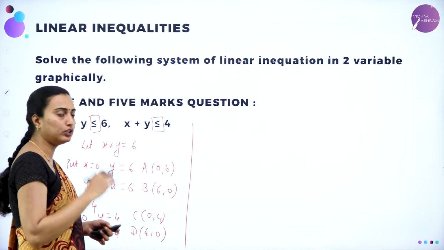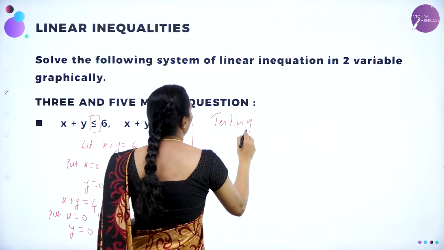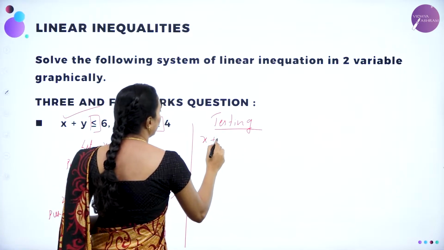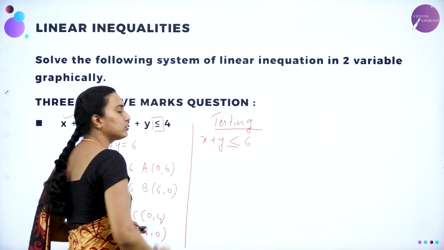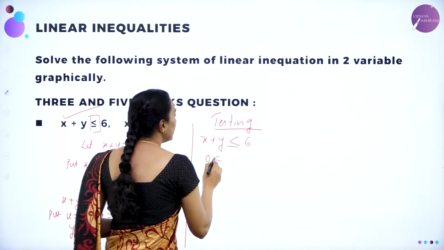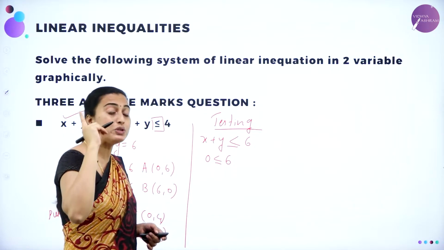Now let us test for the origin. Now testing. Let me take whatever inequalities they have given. The first inequality is x plus y is lesser than or equal to 6. Put x equal to 0, y equal to 0. 0 plus 0 is 0. 0 is lesser than 6, yes, but not equal to 6. But one condition is true, which is lesser than 6.